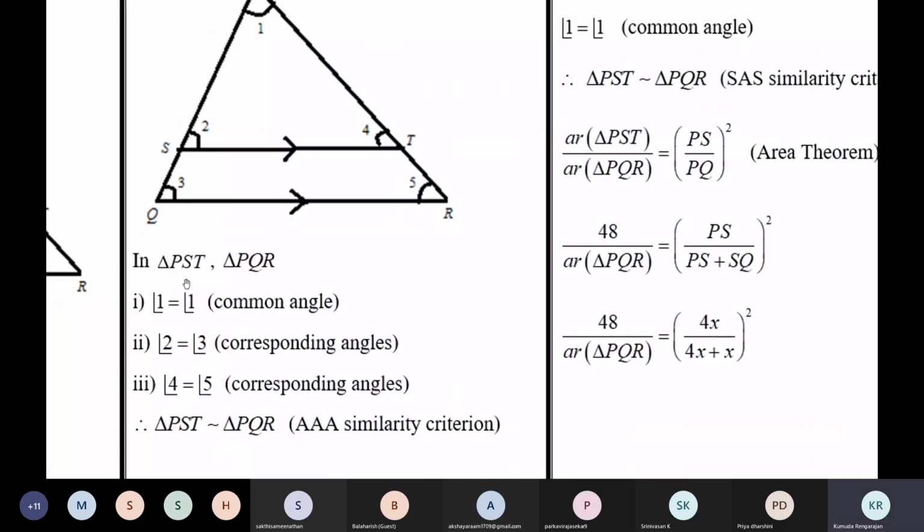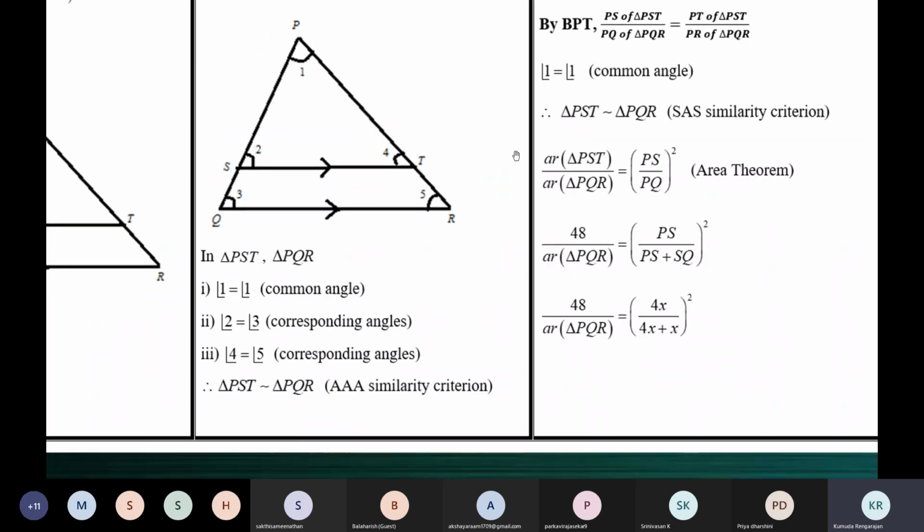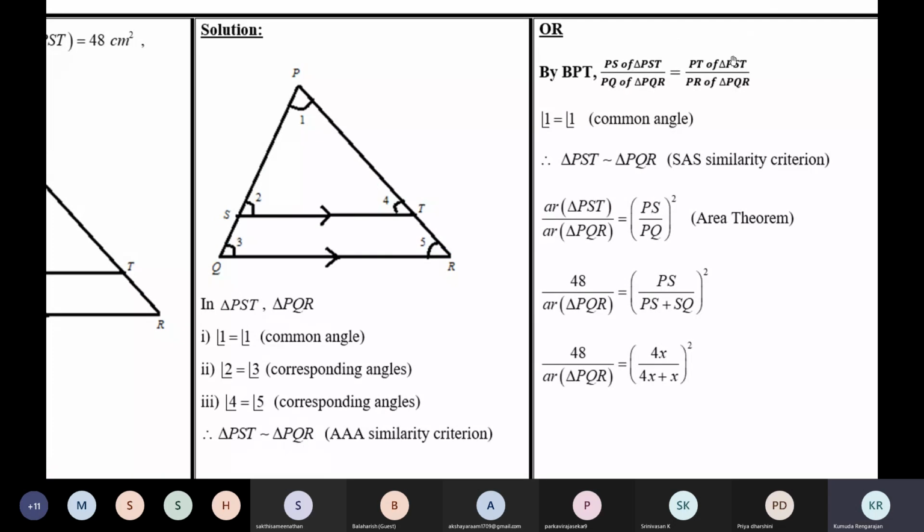You can prove that triangles PST and PQR are similar by AAA similarity criterion like this, or you can also prove using SAS. Sides proportional, included angles equal.